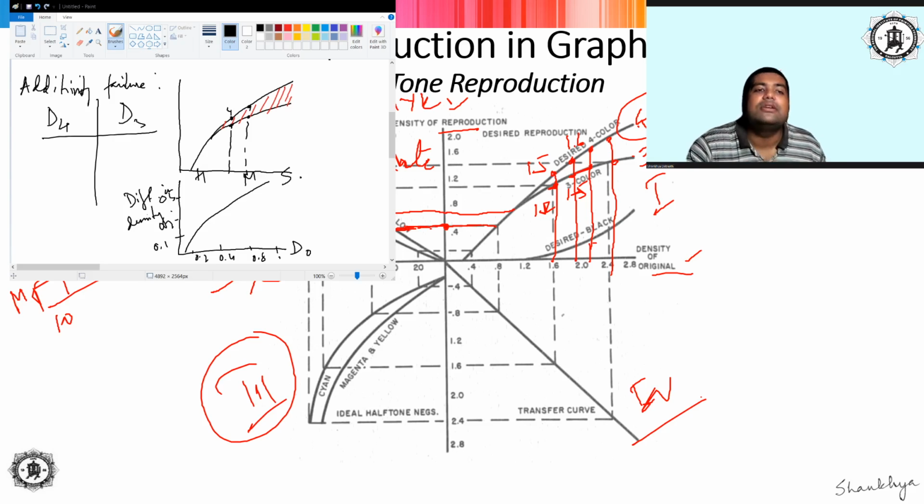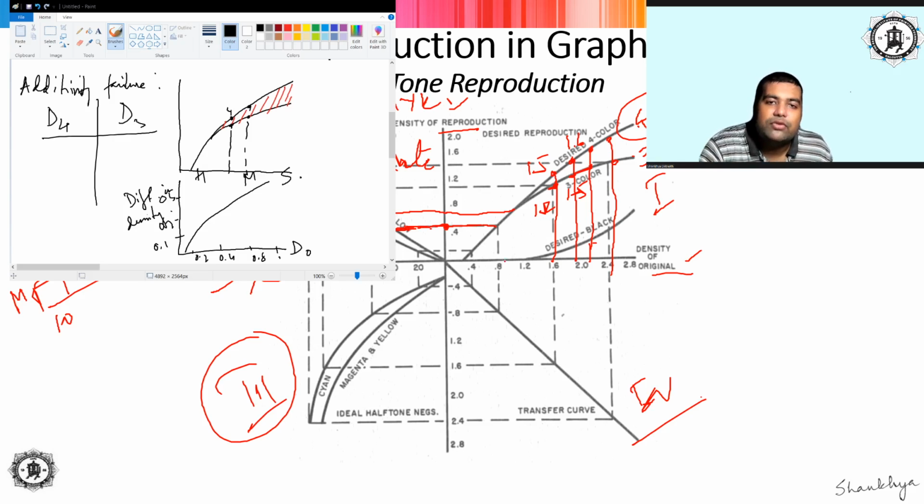We printed a test patch having different dot percentages and calculated the densities. We plotted the dot percentages of those individual plates versus the three colors. Similarly, for finding out the black percentage in the plate, we have to print the black test target.